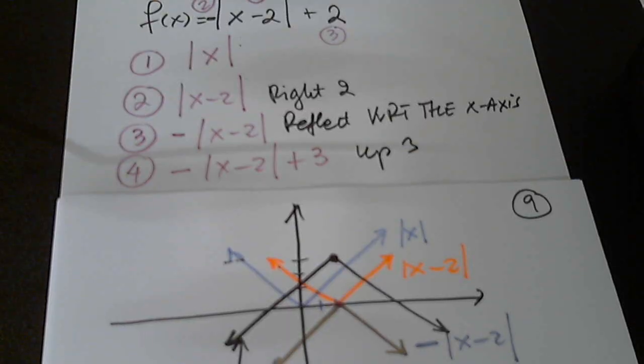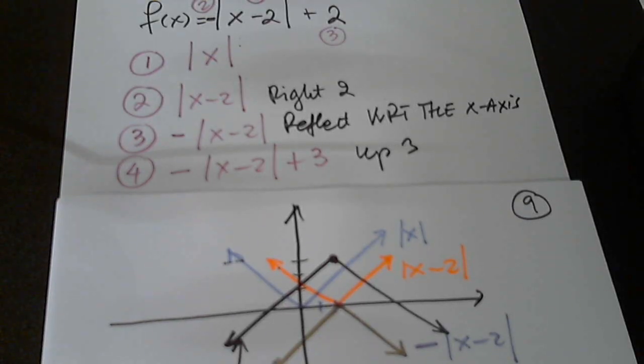Suppose that the graph of a function g is known. The graph of y equals g of x plus 2 will be obtained by a, so we have g of x, and we have now g of x plus 2. Is it a vertical or is it a horizontal shift?